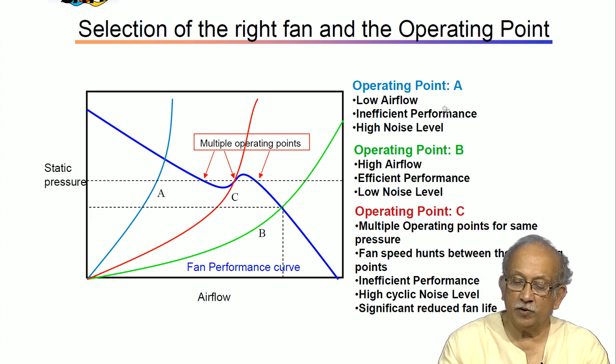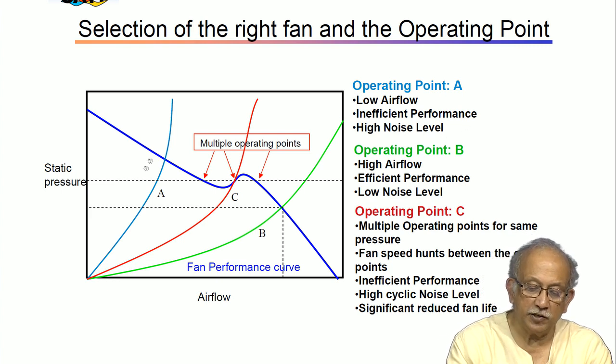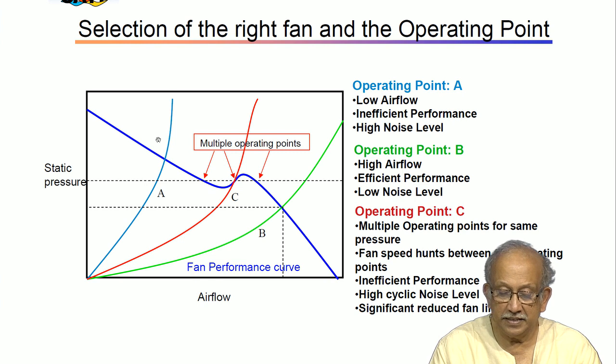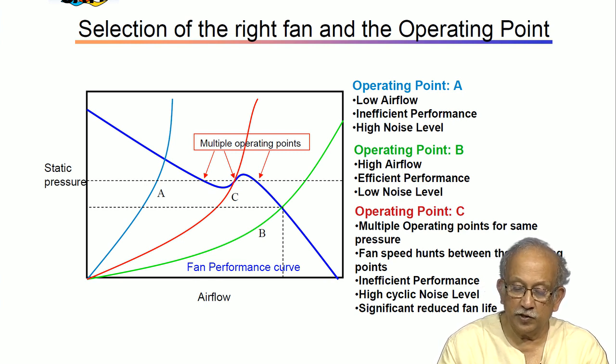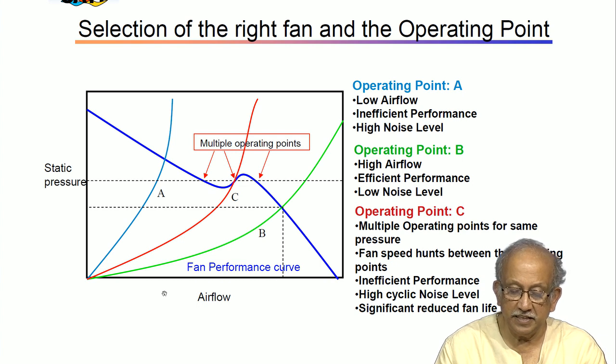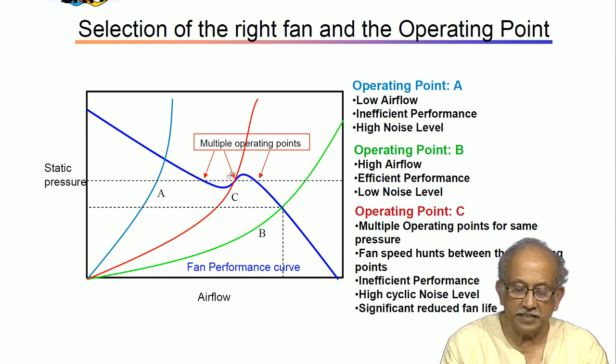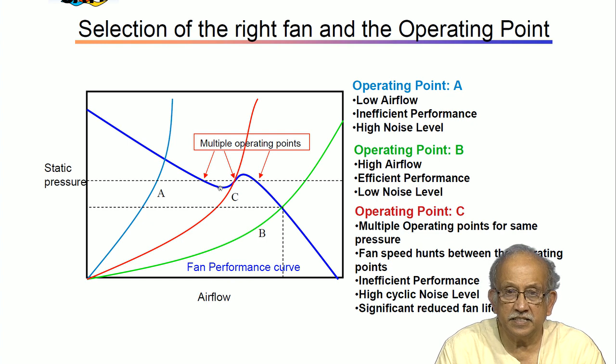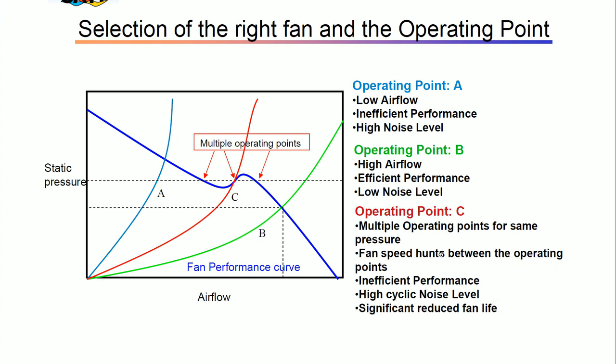So, operating point: low airflow, inefficient performance, high noise level, and then here low noise level because we have a fan which is there. In between, if you are not very sure about it, chances are multiple operating points, fan speed hunts between the operating points, which works a little even with our air conditioners.